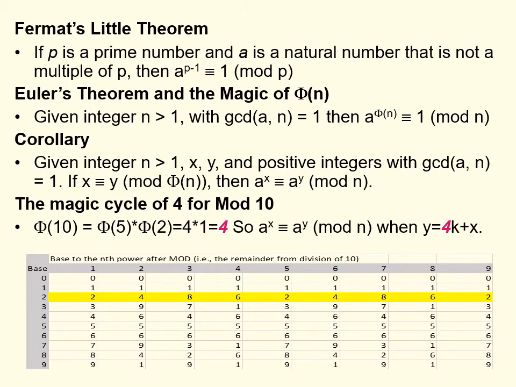You can see these two have a very similar form, but this one is more generic, which means that n, which is the mod, can be any number. It doesn't have to be a prime number.